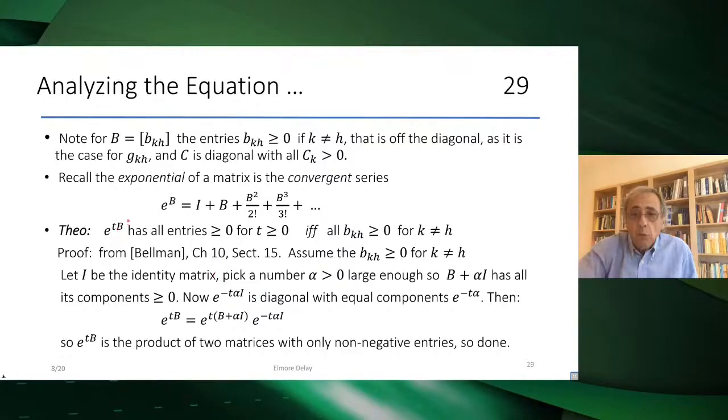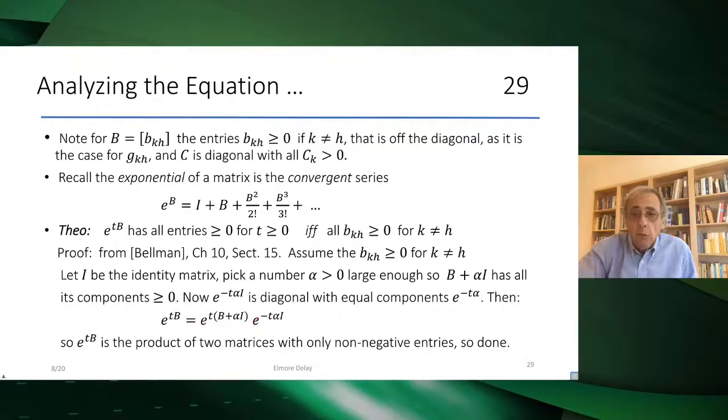Exponentials of matrices behave very much like exponentials of numbers, meaning e to the A plus B is e to the A times e to the B, if the matrices A and B commute. And in that case, everything works. You multiply by a very large negative number so that the diagonal becomes positive, and e to the tB is equal to this.